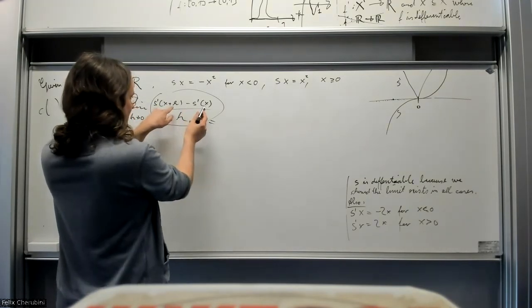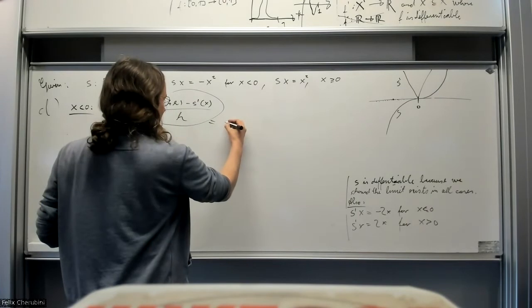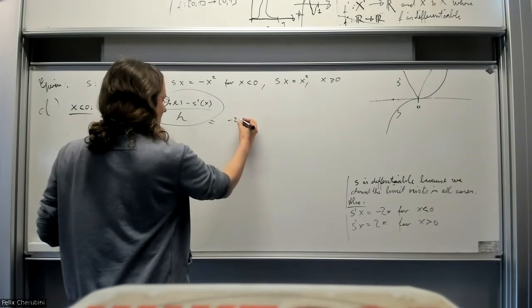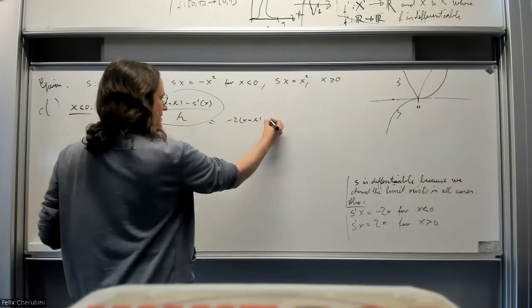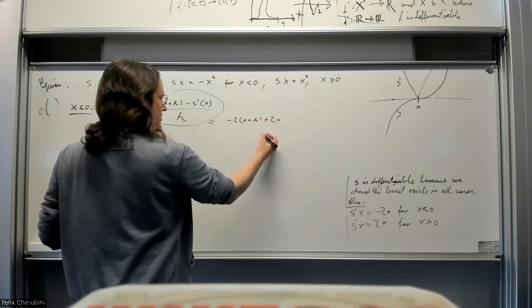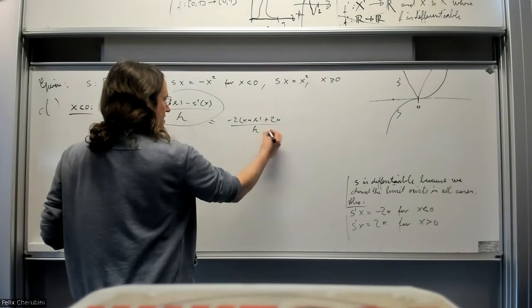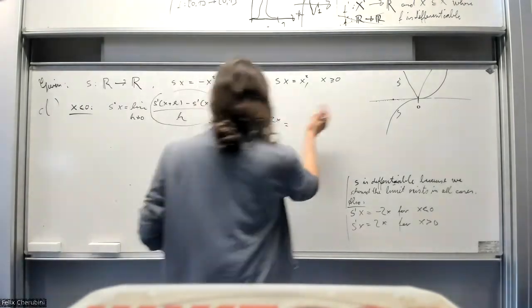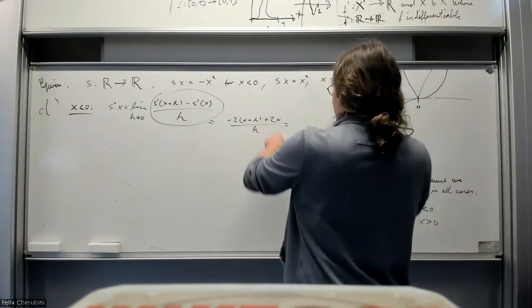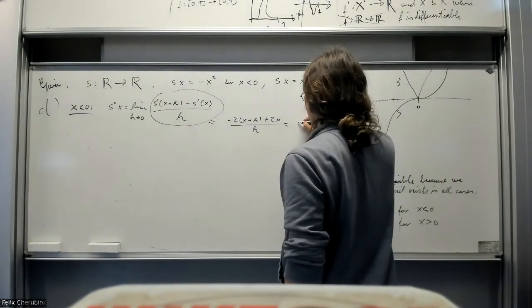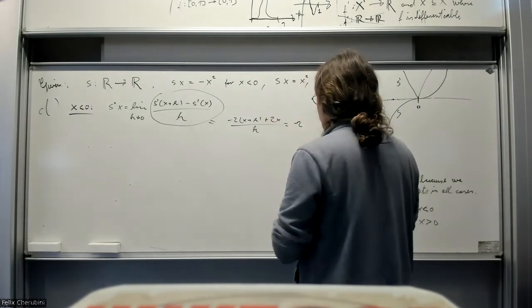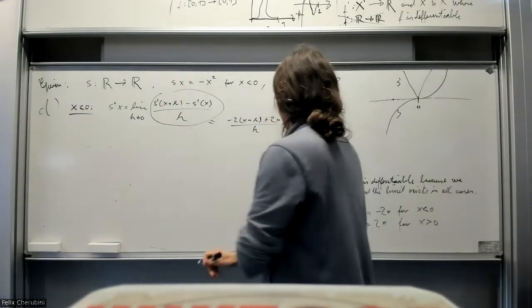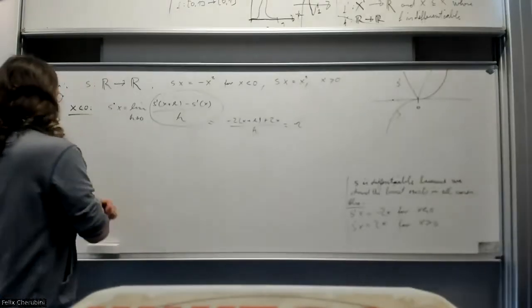Over here we get x plus h, and here we get 2x over h, and that's blah blah blah. Calculating gives you minus 2x, minus 2, sorry.